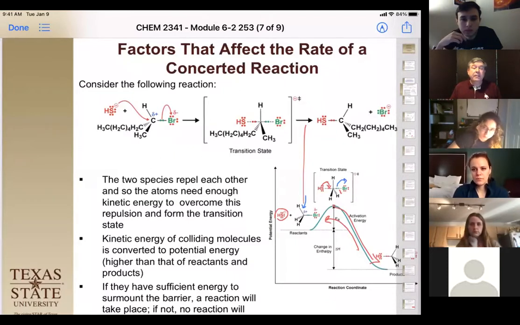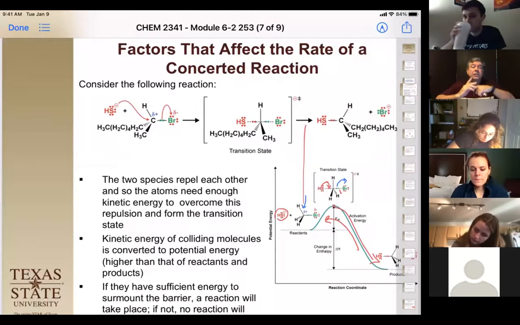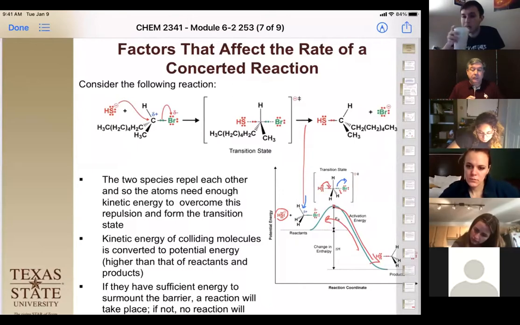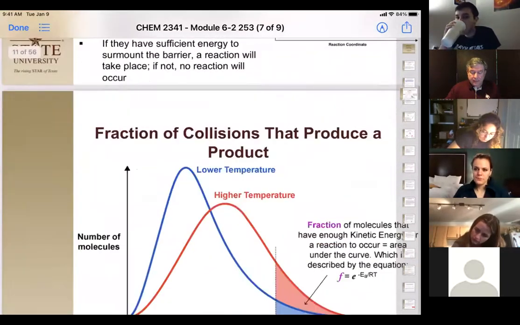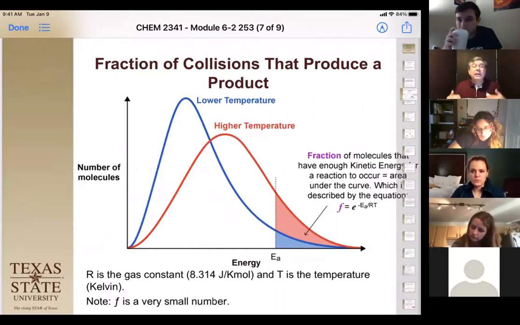So the first thing we have to do is have energy. And in this case, it's kinetic energy. So we have kinetic energy that allows it to overcome the sterics and collide, starting to form that new bond. Okay. So how do we get kinetic energy? Well, we get kinetic energy by raising the temperature. We need to have more molecules that have enough of the activation energy or the kinetic energy to go.